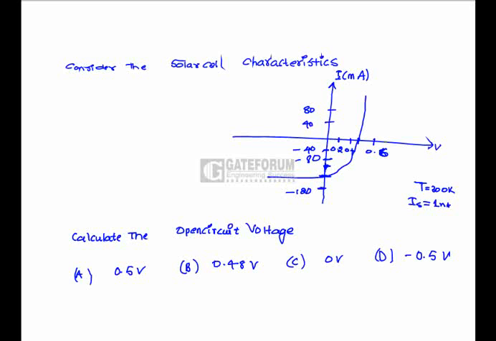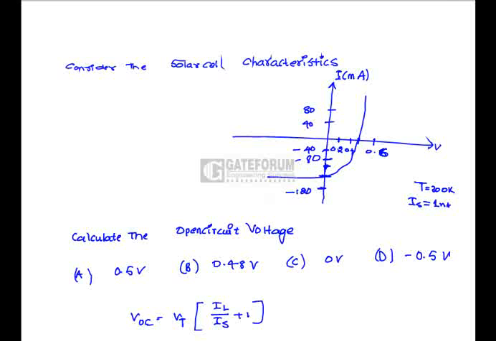Consider the solar cell characteristics given in the figure, which are calculated at temperature equals to 300 degrees Kelvin and the reverse saturation current equals to 1 nanoamp. Calculate the open circuit voltage. Here open circuit voltage for a solar cell is given as Vt, which is the thermal voltage, into ln of load current divided by the reverse saturation current plus 1.